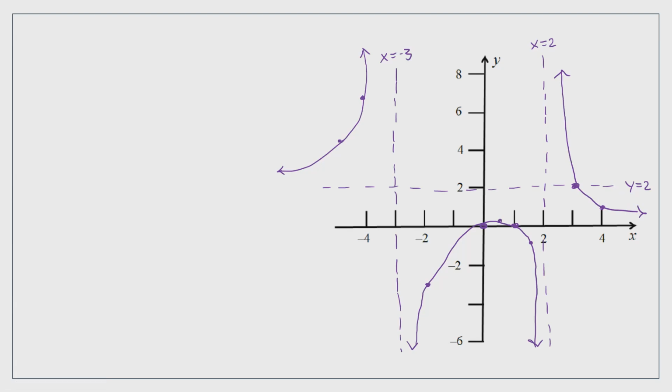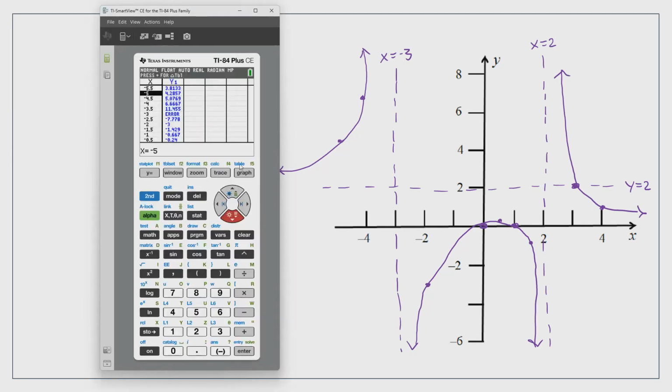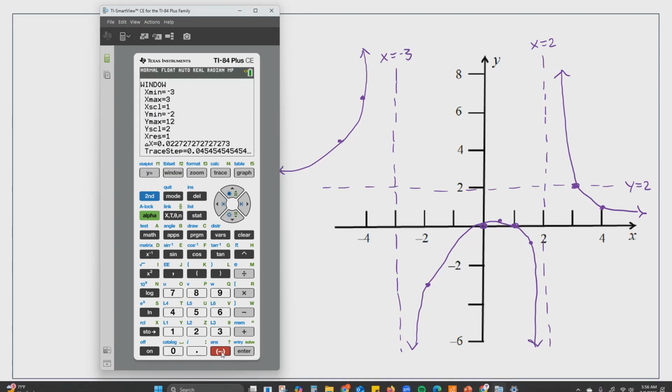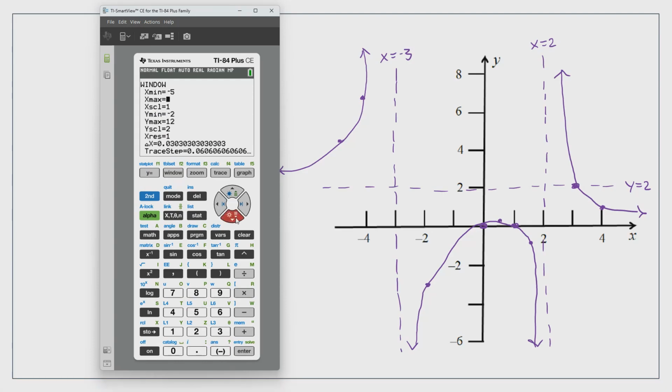Now let's look at our graph to determine whether our graph looks similar. So let's go to our window and make sure everything aligns. So our x-min, we actually plotted -5. Our max is, let's go to 5 as well.